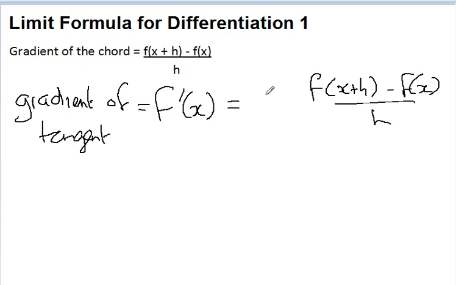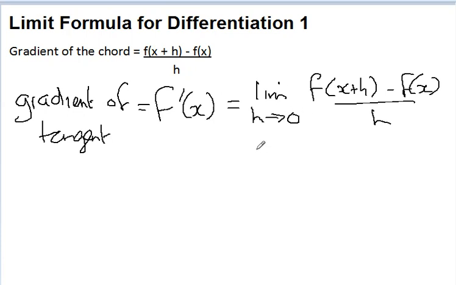But of course what we did is we let h get really, really small. We let it become 0. So we looked at the limit as h tends to 0, as h gets really small.